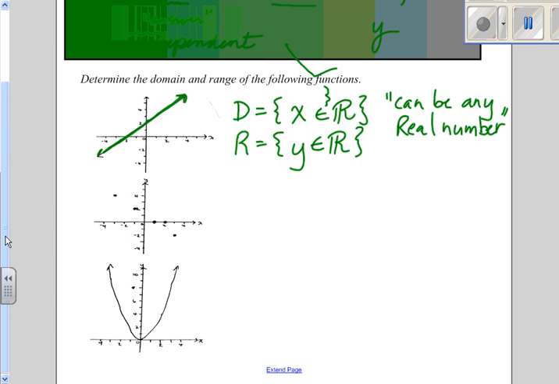My X values are very specific. My domain has only 1, 2, 3, 4, 5 possibilities. According to my eyes, the X values can be -3, -1, 1, 2, and 3.